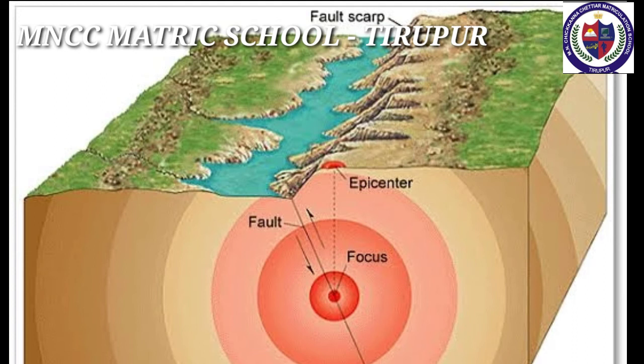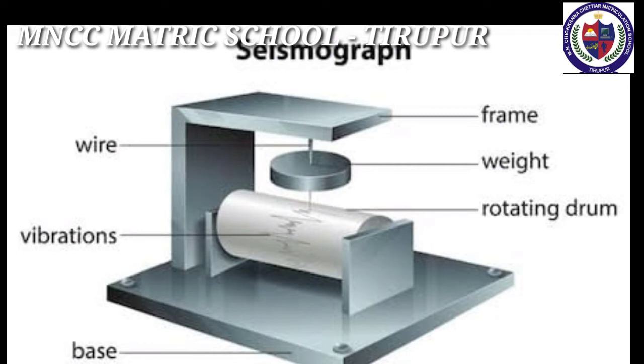From the focus, the earthquake vibrations travel in different directions in the form of seismic waves. The earthquake waves are recorded by an instrument known as seismograph. The magnitude of an earthquake is measured by the Richter scale. The numbers on the scale range from 0 to 9.